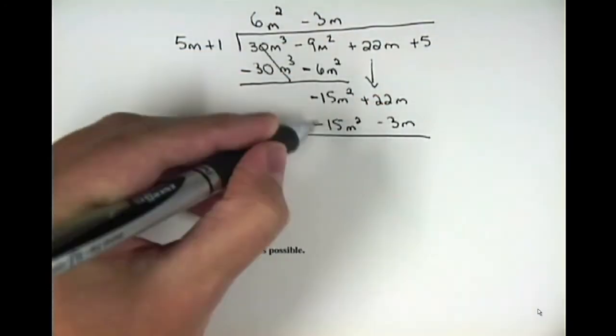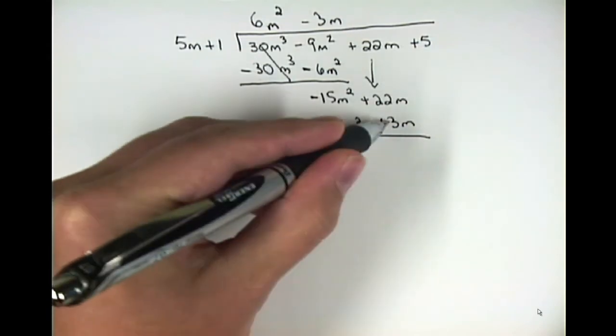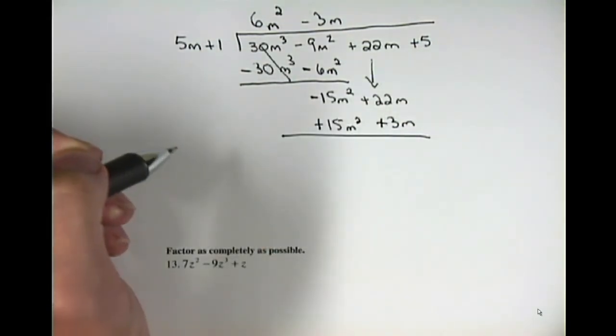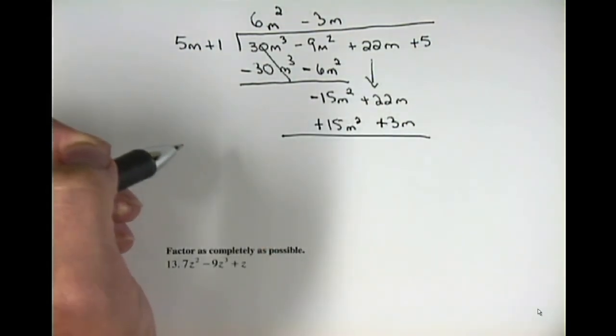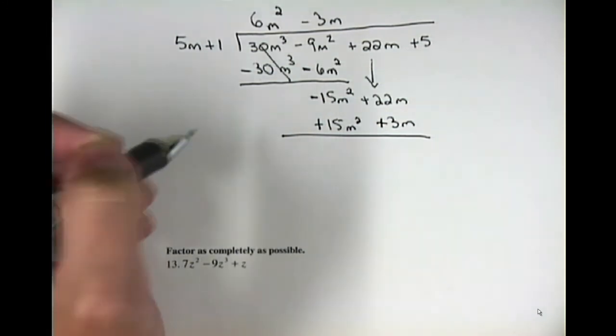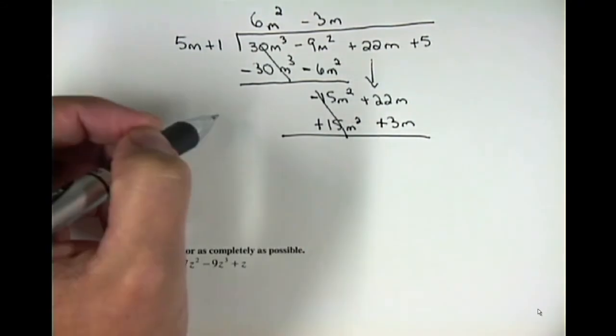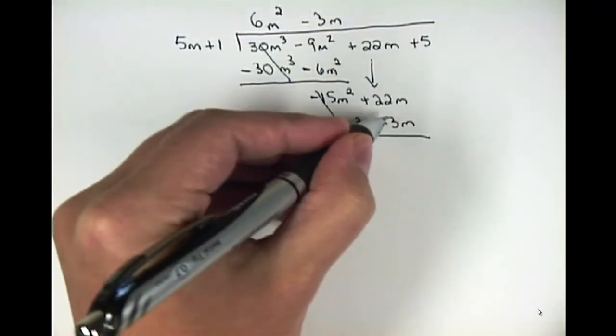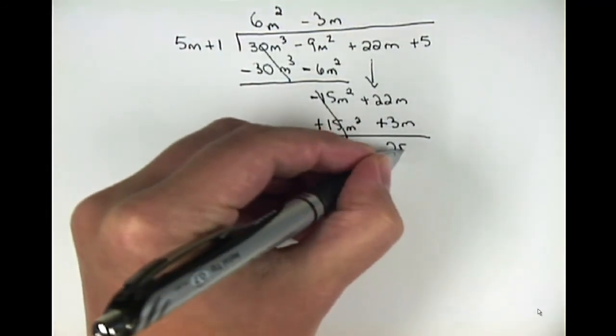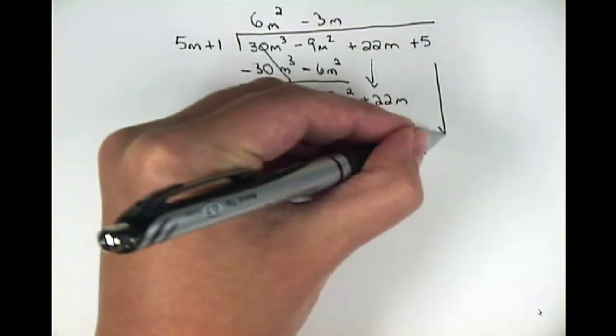Draw your line and change your signs. So now those negatives become addition because you are subtracting a negative. Double negatives are addition. These terms cancel, as they should. Combine these like terms here to get 25m. Bring down your next piece.